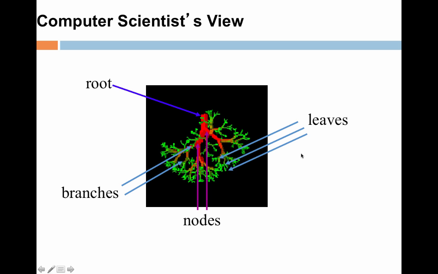This is a computer scientist's motivation for viewing this data object. Most importantly, the concept that you should keep in mind with respect to the computer scientist's view is that the tree seems to keep some hierarchical information. That is the most important thing.